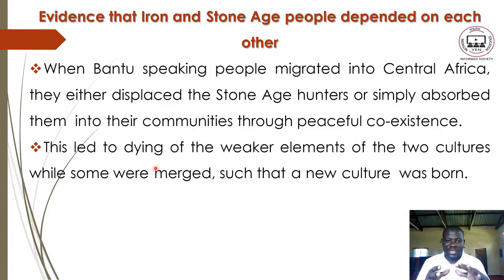But the other things that were weak, that were not good, were left out on both sides. That's why we are saying that when the two cultures came together, they merged. To merge is to unite. That is this culture and this culture coming together. From there, a new culture was born.